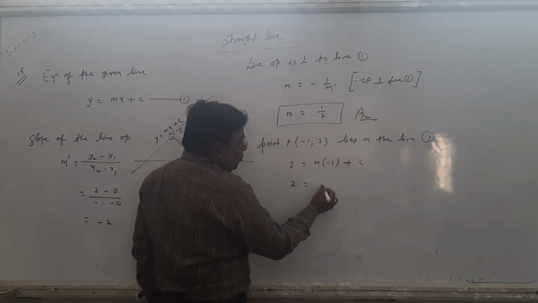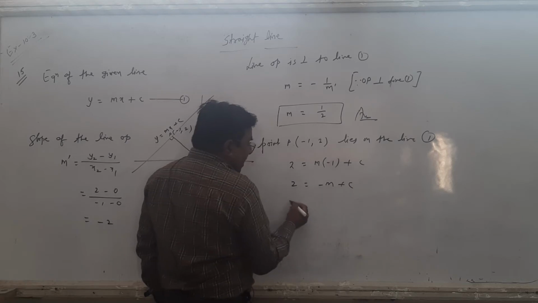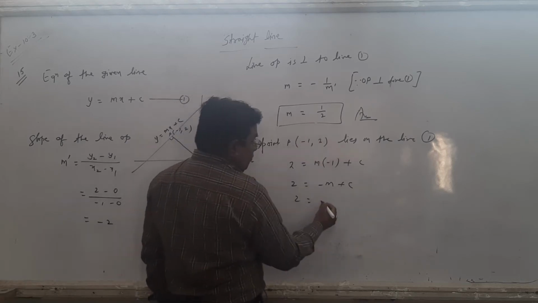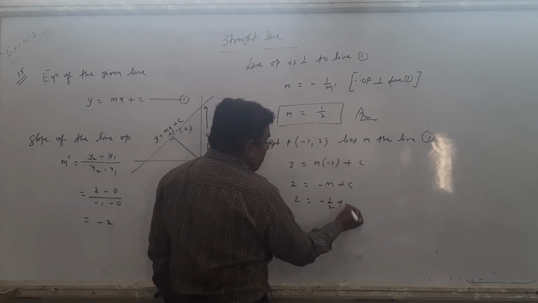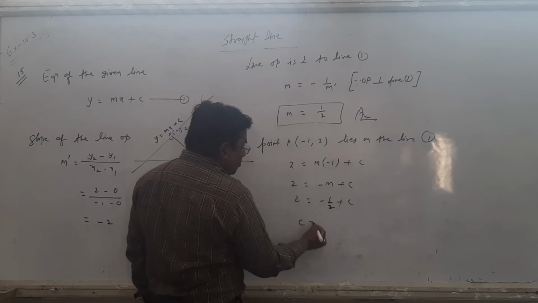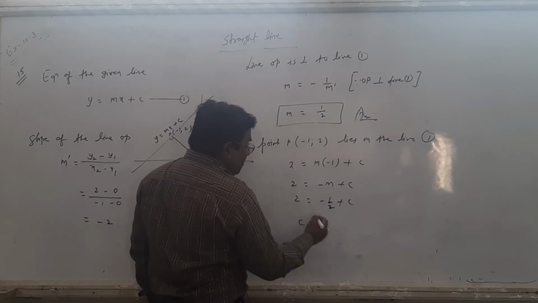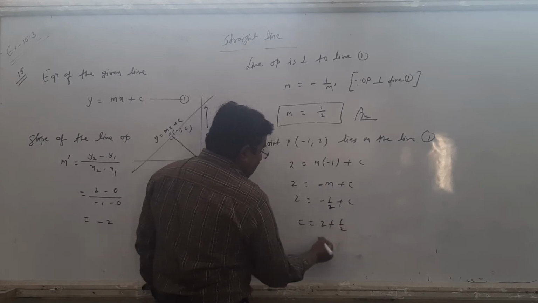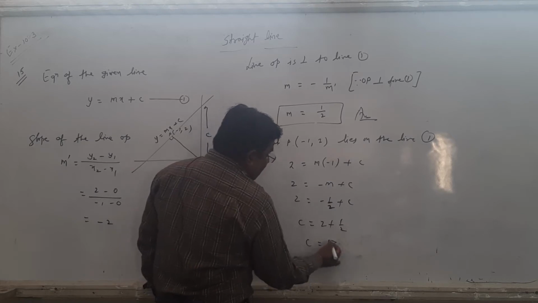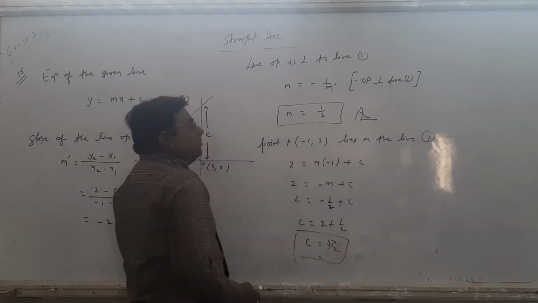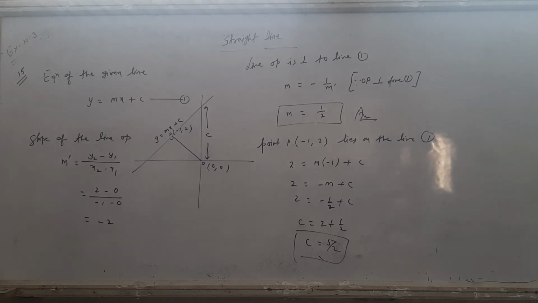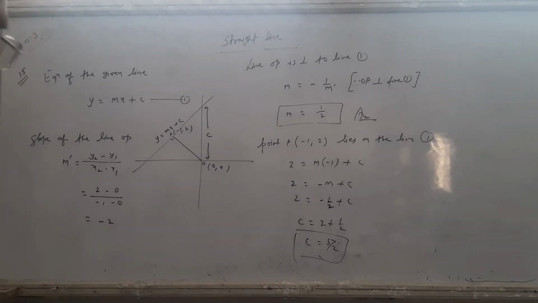But now 2 equals minus m plus c, where m is given 1 by 2. So what is the value of c? Then the value of c is minus half, transfer this side, 2 plus half, that is c equals 5 by 2. This is my second answer. I had to find the values of m and c. So m is 1/2 and c is 5/2.